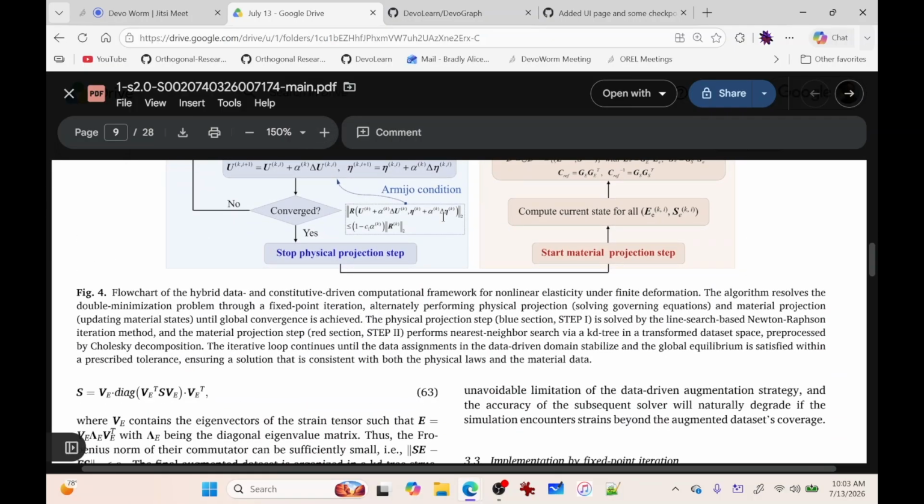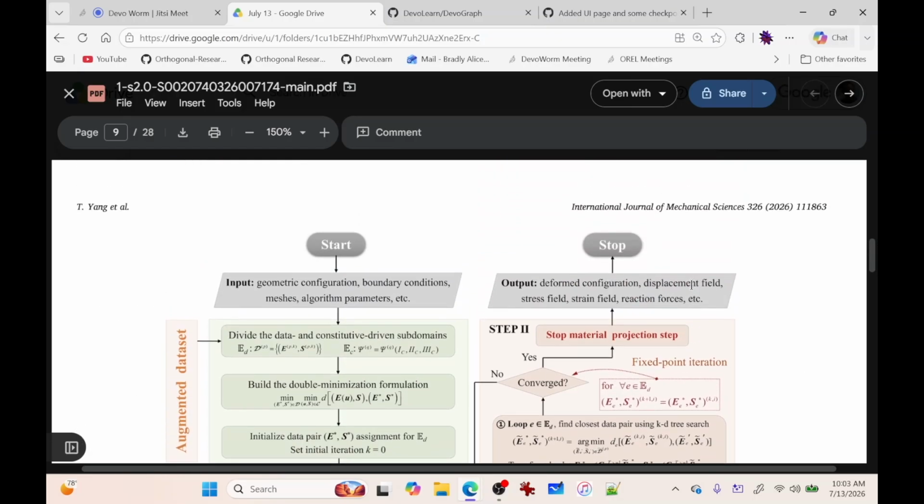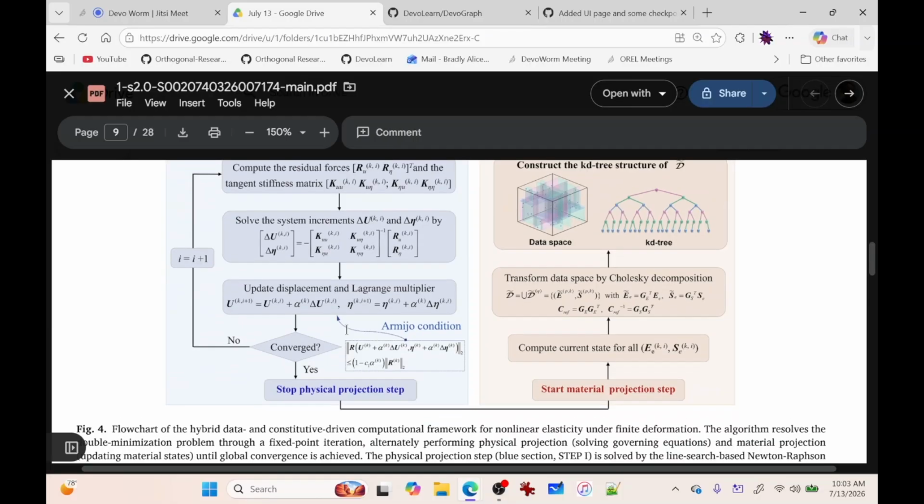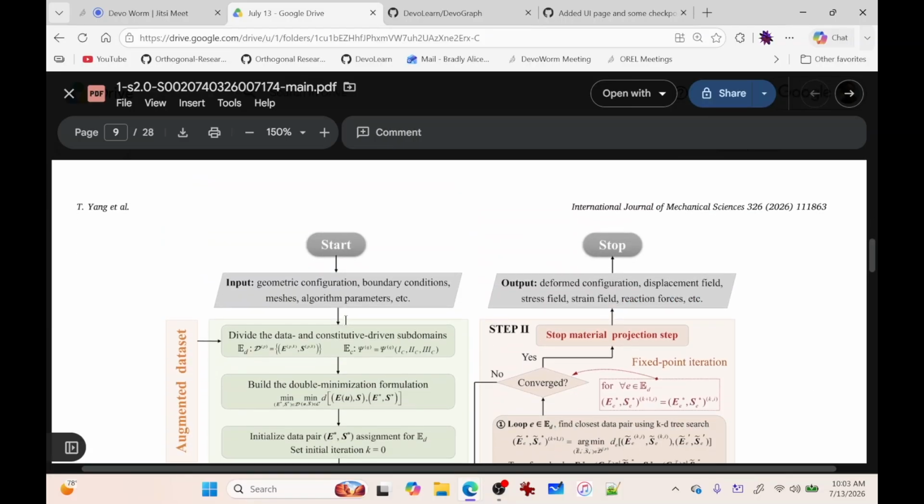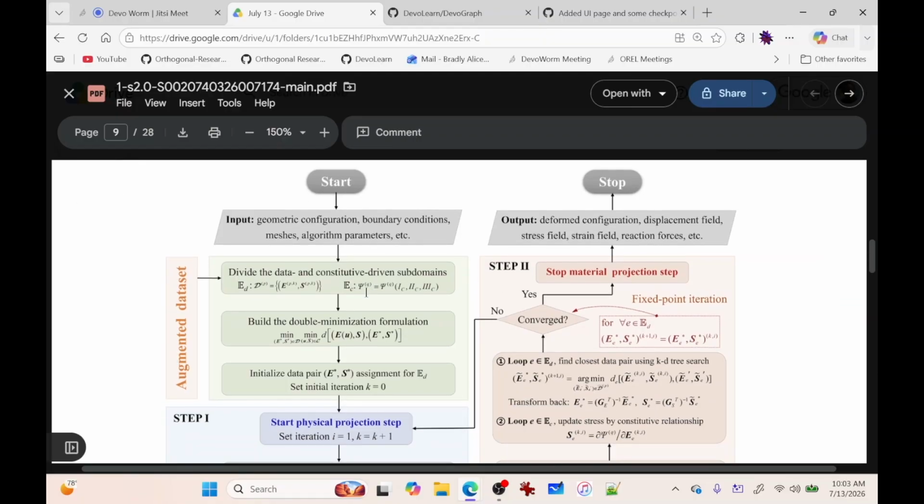where we have our flowchart of our hybrid data and constitutive-driven computational framework for nonlinear elasticity under finite deformation. So this is where we have this, I guess it goes down and then up. We start here at the left-hand side. Our input is geometric configuration, boundary conditions, meshes, algorithm parameters, etc. Then we have our augmented data set, divide the data in constitutive-driven subdomains.